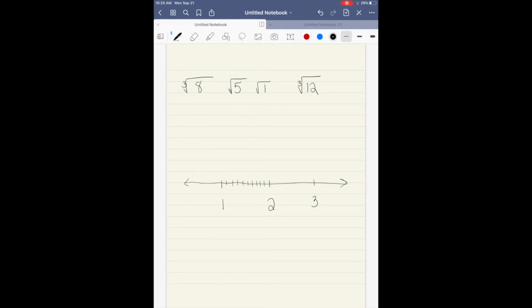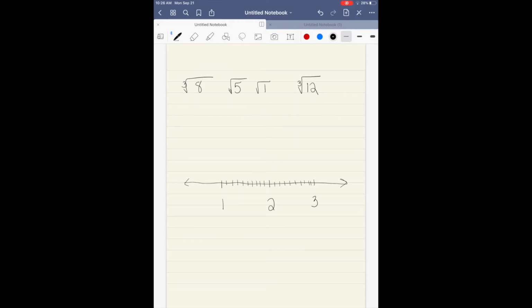So if you were to place like 1.5 on the number line, it would be right in the middle of 1 and 2. Same for between 2 and 3. This is 2.1, 2.2, 2.3, 2.4, 2.5, 2.6, 2.7, 2.8, 2.9, and then 3. I know those are not super even or anything, but here we are.